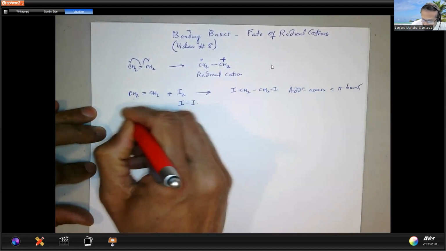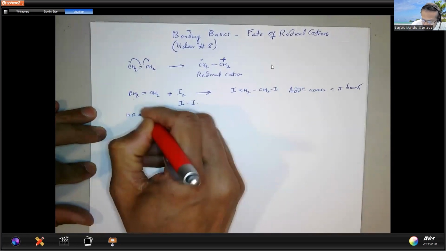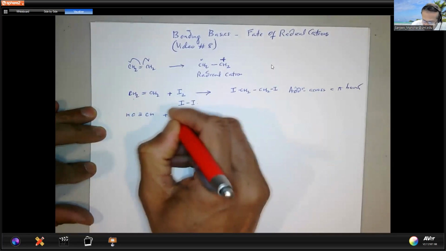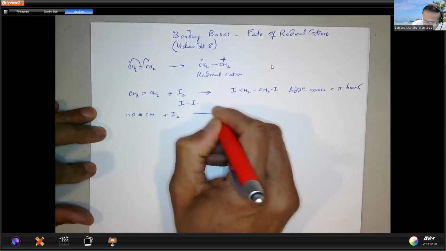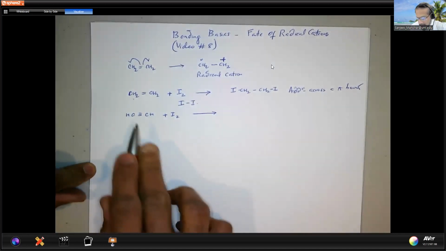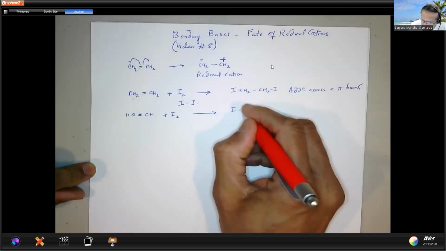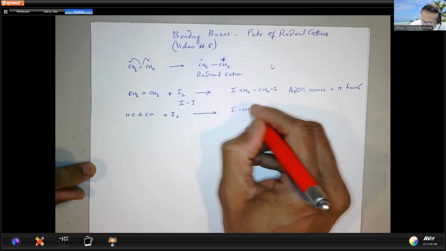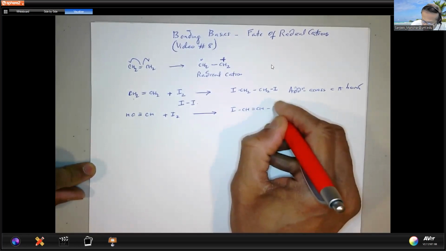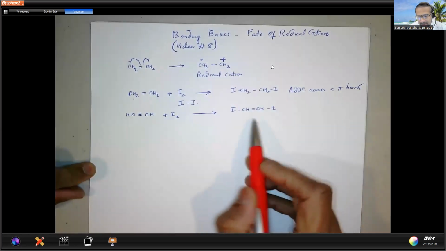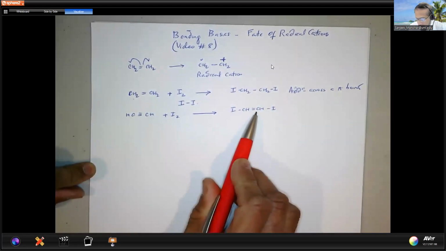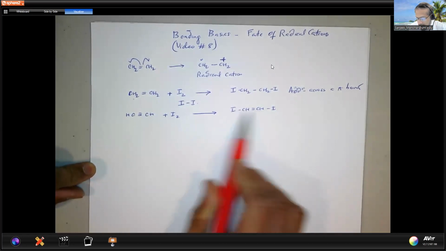Similarly, if you were to take acetylene and add iodine, what do you expect? There are two pi bonds, right? So you'll get this first: the triple bond becomes a double bond, but the two iodines are added.